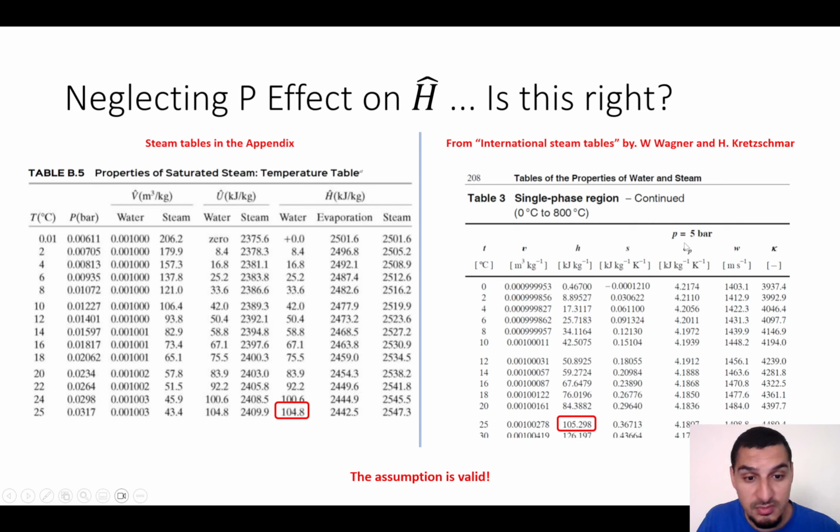It's a very big difference in pressure. While 25 degrees Celsius in temperature led to increasing the enthalpy from 105 to 200 and something. So it's almost a 100% increase. That's why the assumption is valid. Again, the pressure effect is very minimal, and this is a very good example of seeing this.